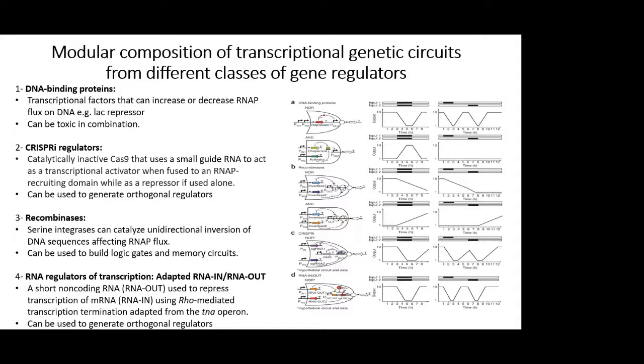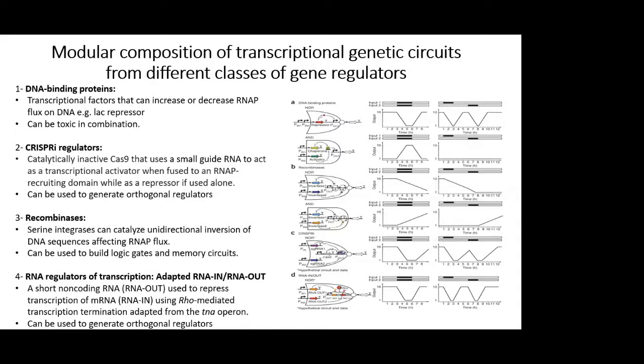For example, you could have the promoter flipped, and in this case, the RNA polymerase cannot initiate the downstream gene. Or you could have the same flipping with a terminator or with the coding sequence. So you simply make changes in the DNA sequence. These changes affect the transcription rate of the gene of interest in the circuit.